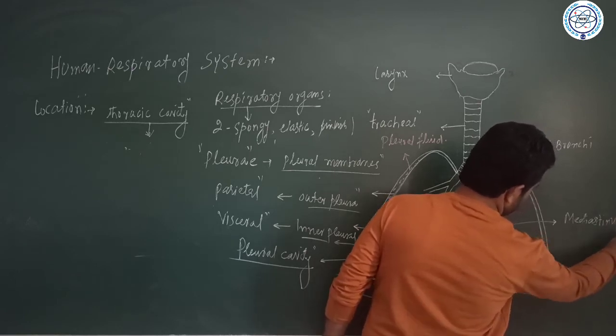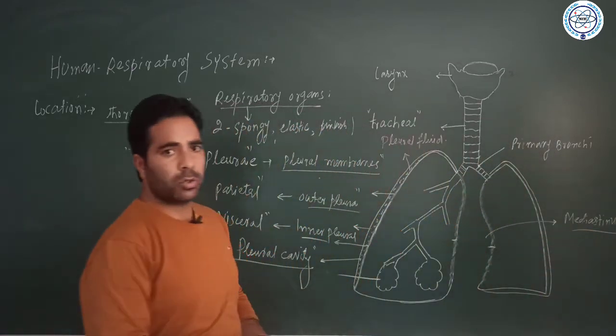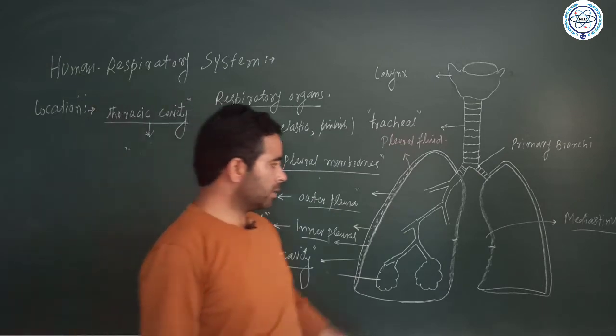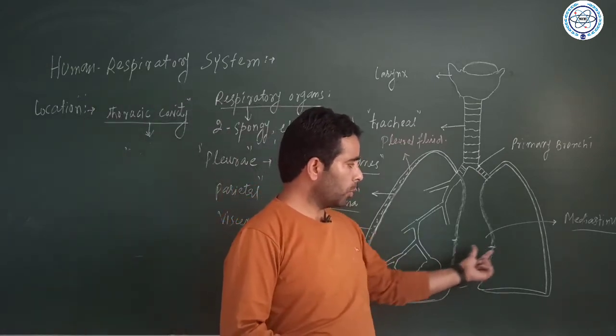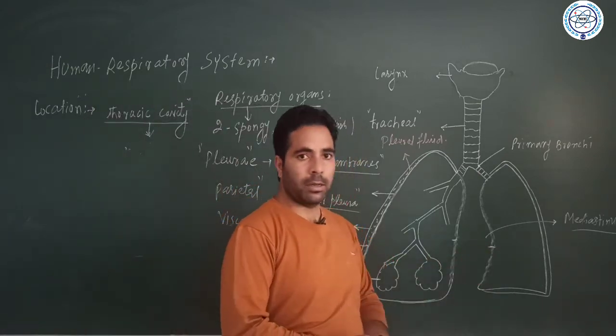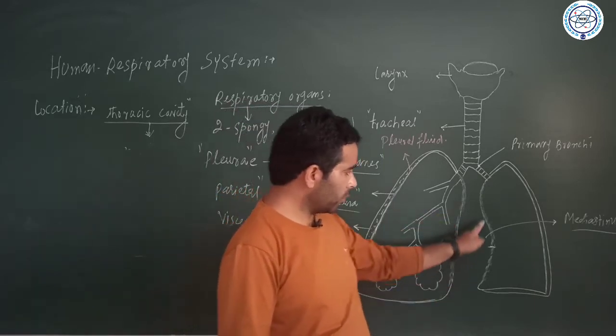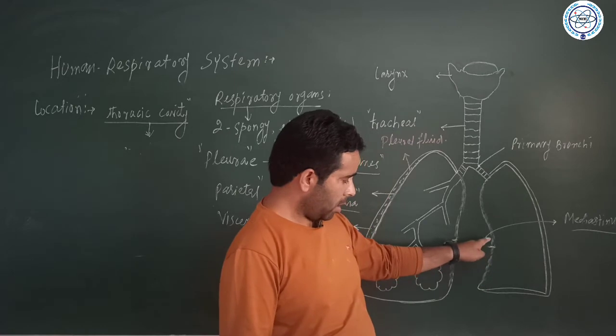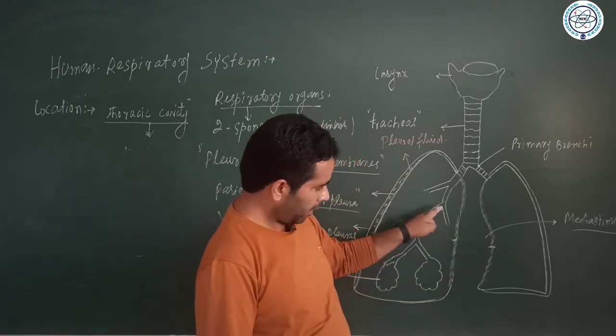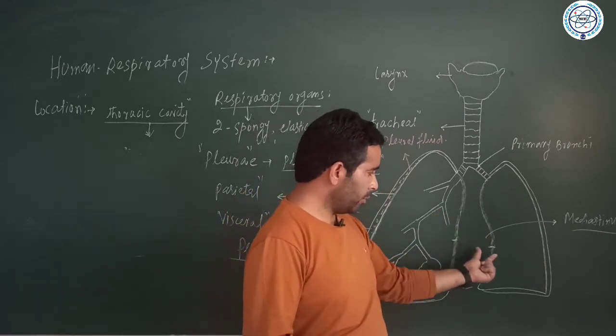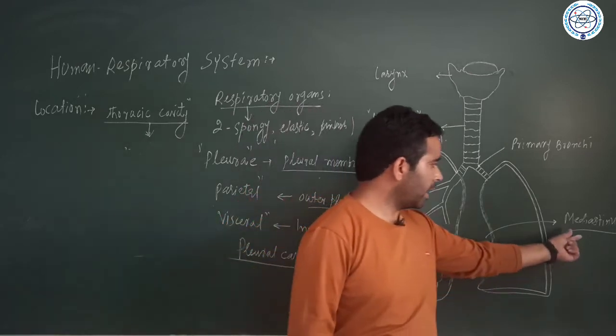So what is the mediastinum? This is simply the interval between the two pleura of the right and the left lung, right. Here we have the medial space of the right lung, here we have the medial space of the left lung, and there is an interval between the two. This interval is known as the mediastinum.